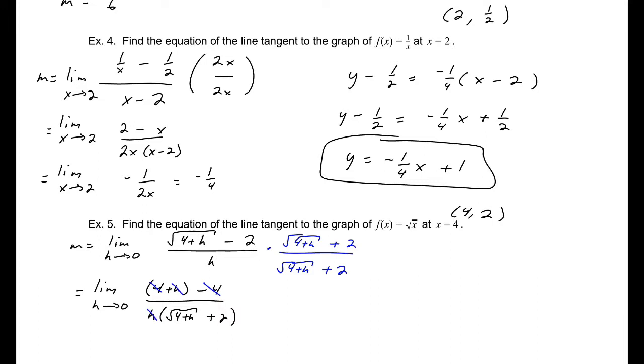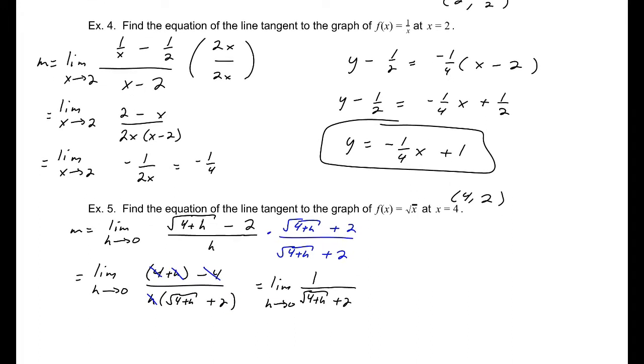So this becomes the limit as h approaches 0 of 1 over the square root of 4 plus h plus 2. Now, we actually pulled this conjugate trick previously in Chapter 2. So as h goes to 0, this approaches 1/4. Right, so the slope is 1/4.